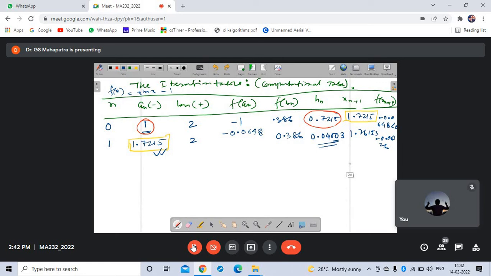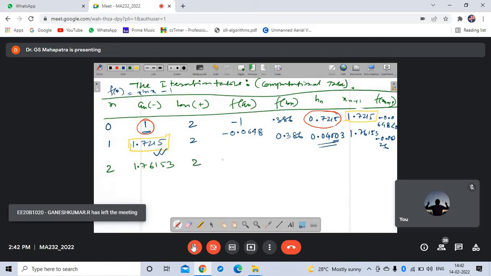Since it is negative, again the negative one should be replaced. So now I will write here n equals 2, and 1.72 should be replaced by 1.76153. So that will be the next entry. Now this one remains the same, only the negative changes, so minus 0.0026, f of xn 0.386.